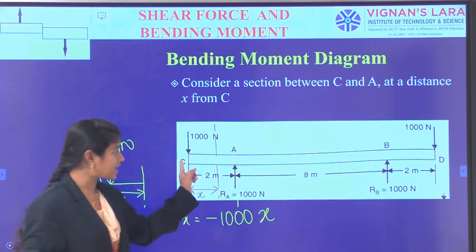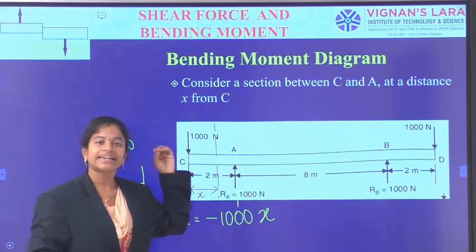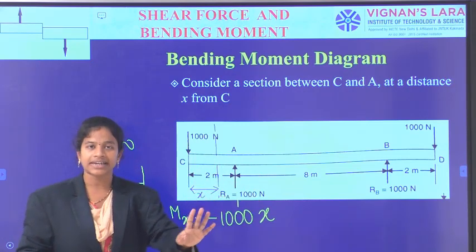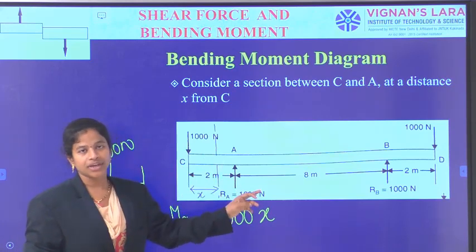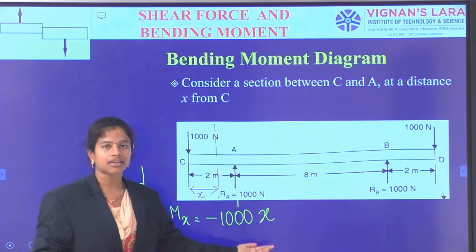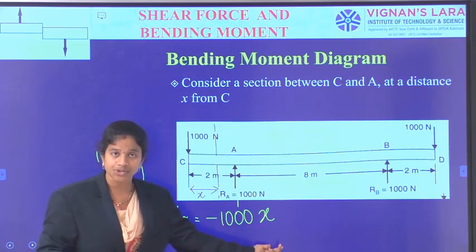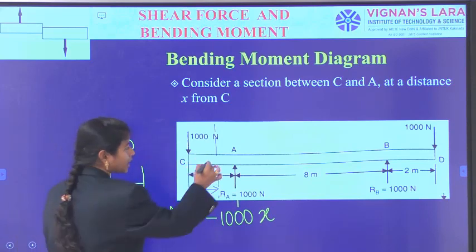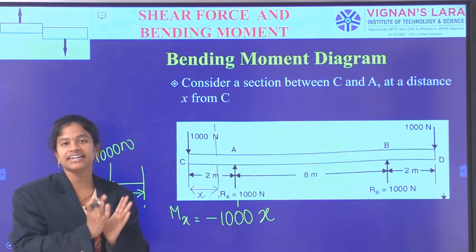This Mx is the answer for C to A. In between C up to A, at any section when we want to calculate the bending moment, this is the equation. There in the x, I should substitute the value of where the point is located from C. From C, how much distant it is.